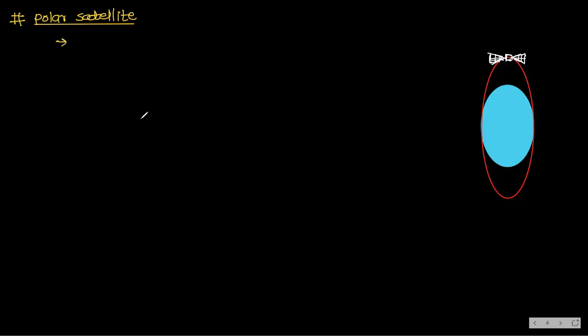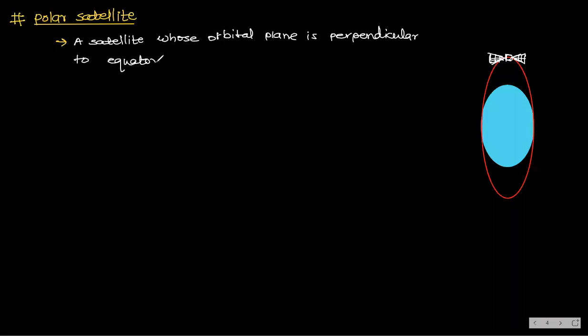A satellite whose orbital plane is perpendicular to equatorial plane. इक्वेटोरियल प्लेन मीन्स कौन सा? ये वाला इक्वेटोरियल प्लेन है, और इस प्लेन को ये कैसे रहता है? परपेंडिकुलर। समझ में आया? ओके, क्लियर? Yes, sir.